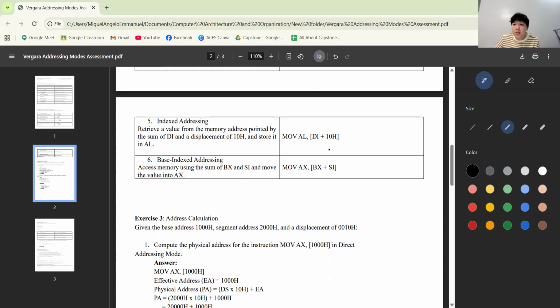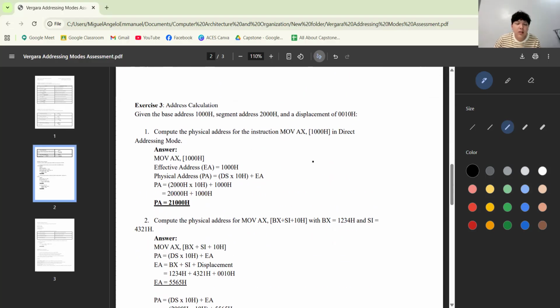So just like what I've mentioned earlier, we're going to add DI plus 10H and then store the value to AL. And lastly, you have base index addressing. Access memory using the sum of BX and SI and move the value into AX. Based from the sentence, we need the sum of BX and SI, and using base index addressing, we need to move the value to AX.